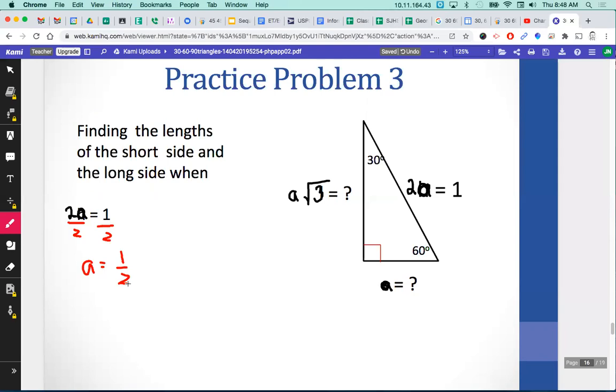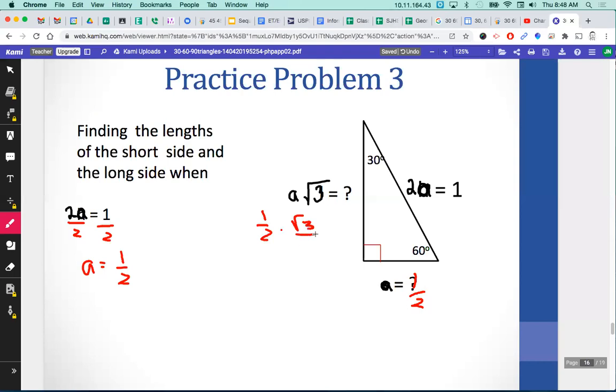Again, I'm solving for a because I need to know what a equals so I can plug it into the ratio portions of the other parts of the triangle. It says a equals 1/2, so the shorter length is going to equal 1/2 because it's half the length of the hypotenuse. And this one, when I plug in 1/2, I get 1/2 times radical 3.